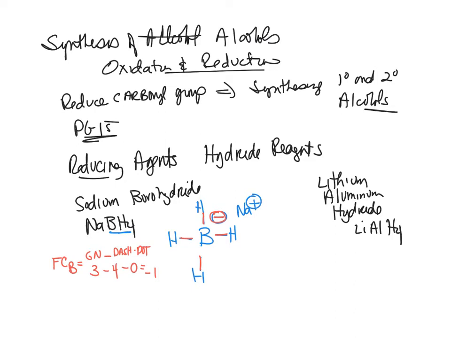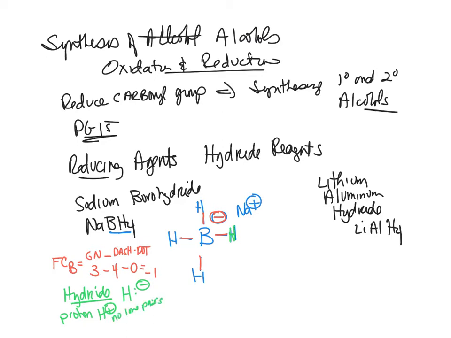So this will deliver a hydride. What is a hydride? The -ide means it's a negative charge, so it's hydrogen with 2 electrons. That makes it a hydride. When we do acid-base chemistry, we deal with a proton, which is an H+, and that means hydrogen with no lone pairs, no electrons.